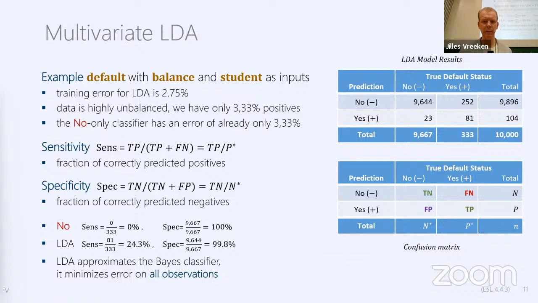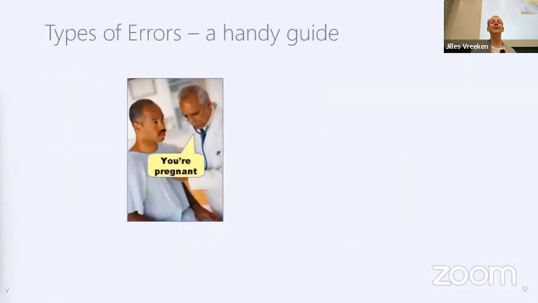Before I continue, a small aside: these false positives, in the statistics literature, are typically called a type 1 error. The false negatives are a type 2 error. And the joke in statistics is that the type 3 error is to mix up type 1 and type 2, because the names don't make sense. So I have a handy guide for you.